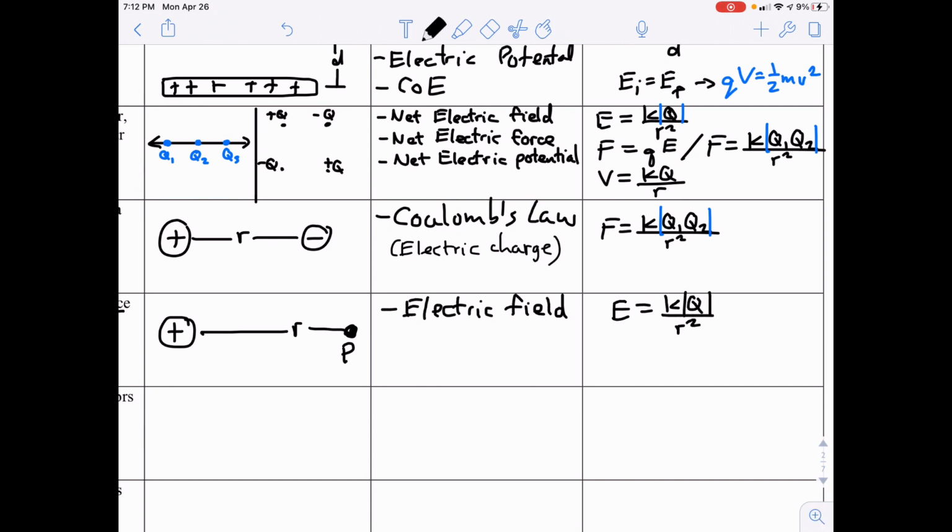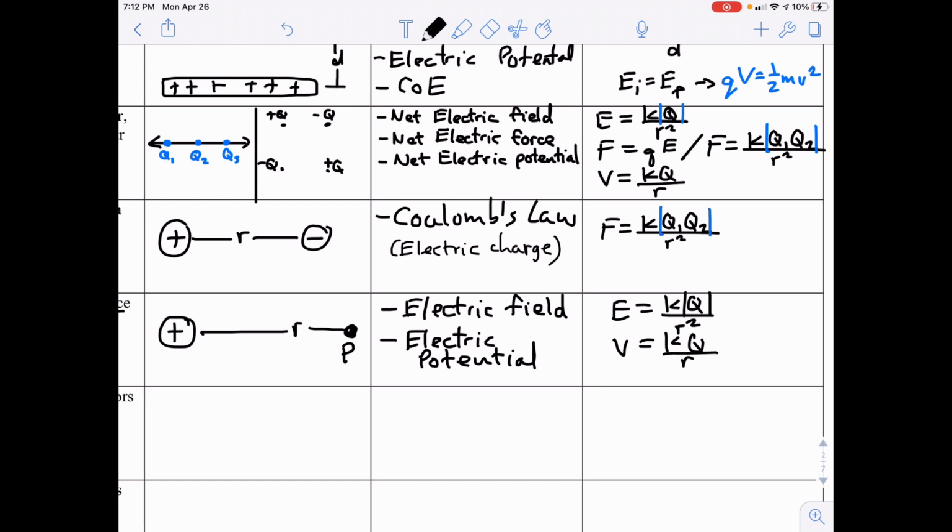Or we can find the electric potential using V equals kQ over r.